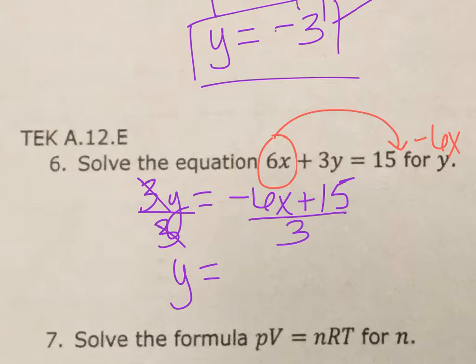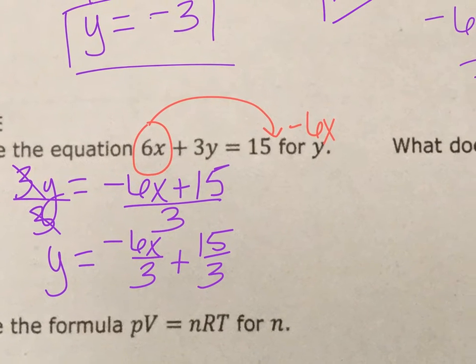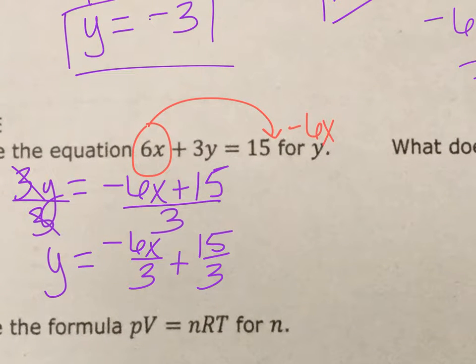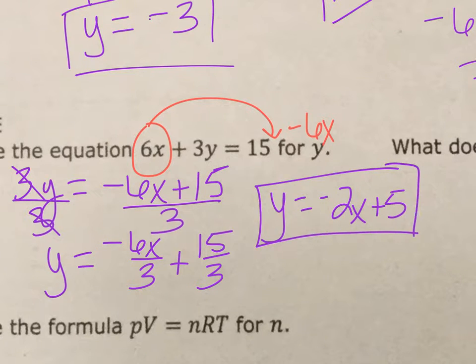This is the same thing as negative 6x over 3 plus 15 over 3. So then you would get, hang on, let me get some space here. There you go. Now we would get y equals negative 2x plus 5. That's just going to make it easier for us to do the next part. But like I said, if this is what you got, that's fine.